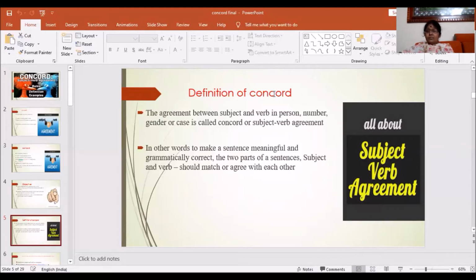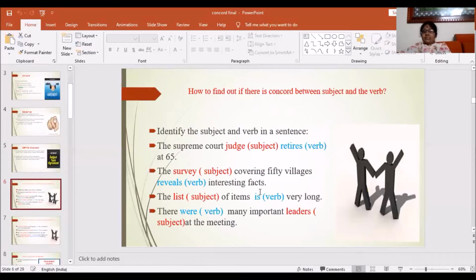In other words, to make a sentence meaningful and grammatically correct, the two parts of a sentence, subject and verb, should match or agree with each other. Right? So now the next question you might ask is, how do we find if there is agreement between subject and verb? How should we know?